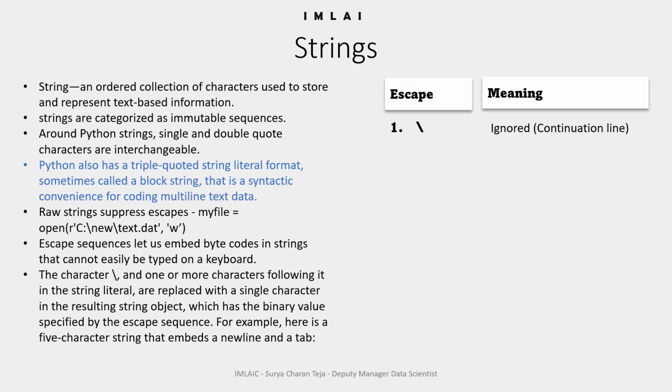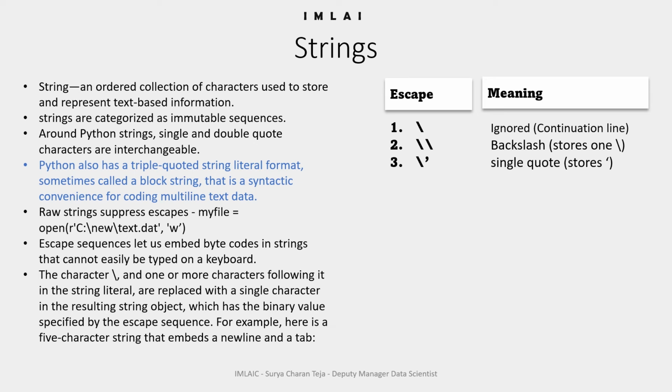The line will be continued, or simply we use it to ignore something. And if you use a double backslash typed inside a string which is wrapped inside single or double quotes, when executed, it stores one slash inside the string object.